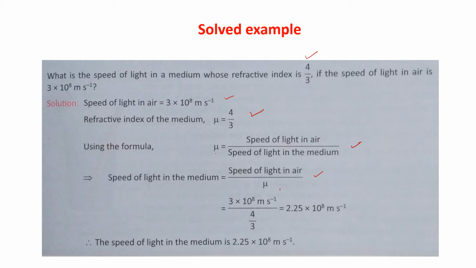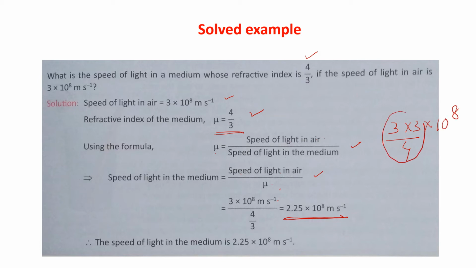Okay, now put the value: speed of the light, that is 3 into 10 to the power 8 meter per second, and the value of mu is given, 4 by 3. After calculation you will get 2.25 into 10 to the power 8. That means we are doing 3 into 3 by 4, and we are keeping 10 to the power 8 as it is.